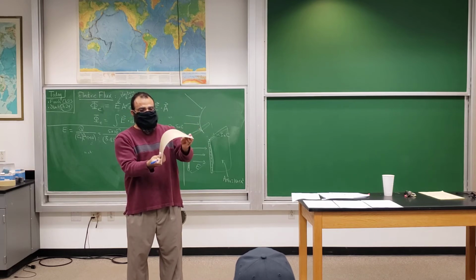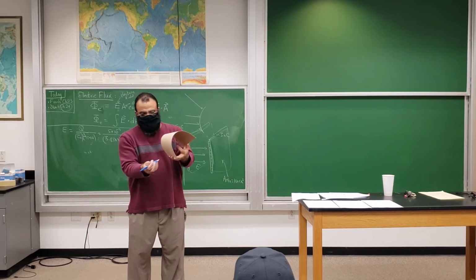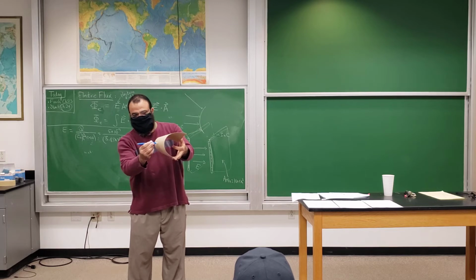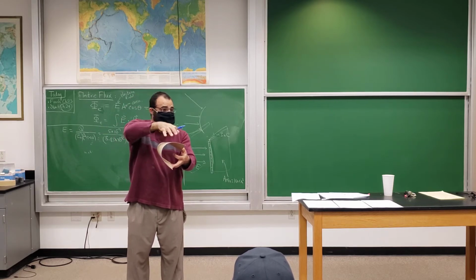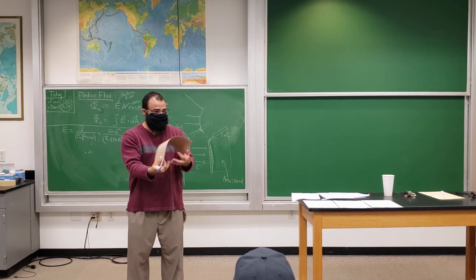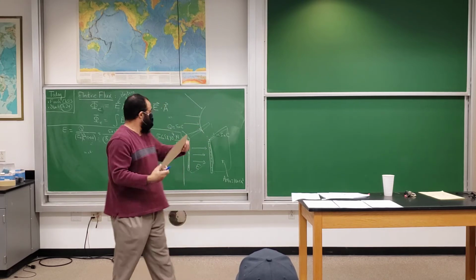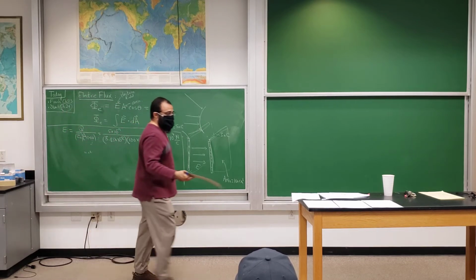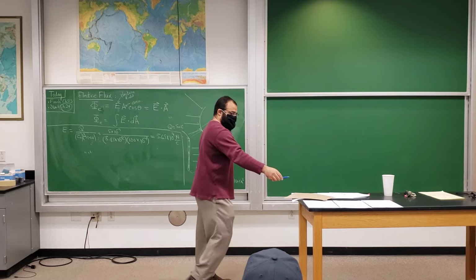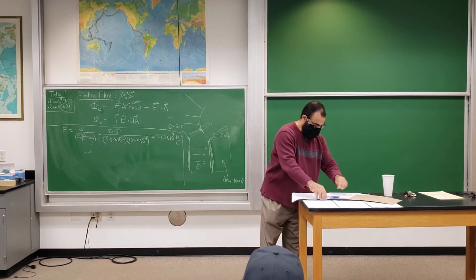If it's bent, then this part of the area would point down, this part would point that way, this part would point that way, right? So the area is changing its direction, but it's not. So we just have the simple form, this one, EA cosine theta.